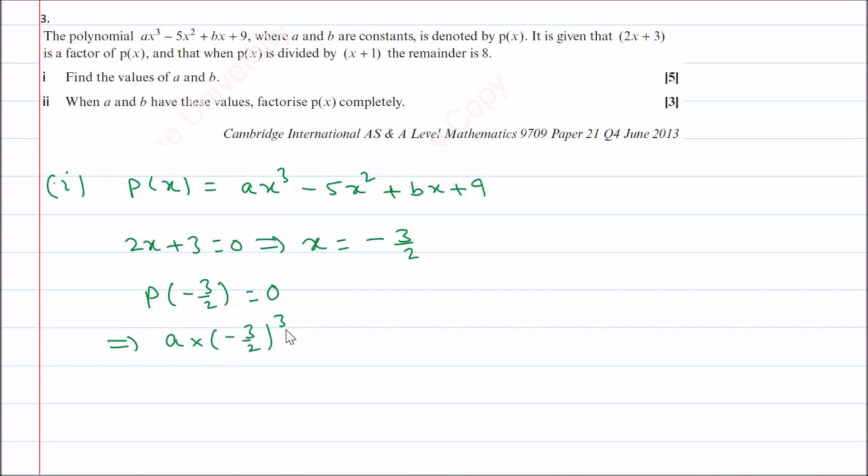So minus 3 by 2 cube, minus 5 into minus 3 by 2 square, plus b into minus 3 by 2, plus 9, and that should be equal to 0.